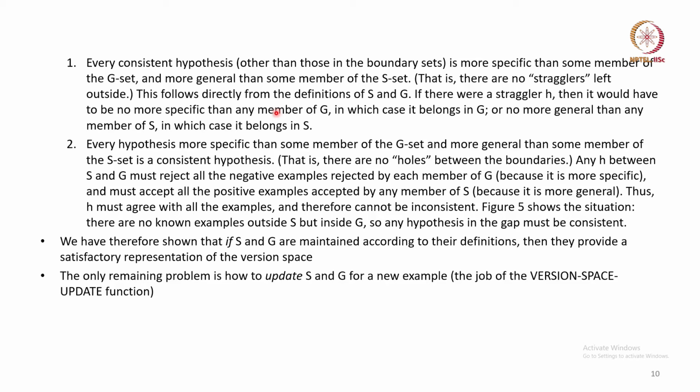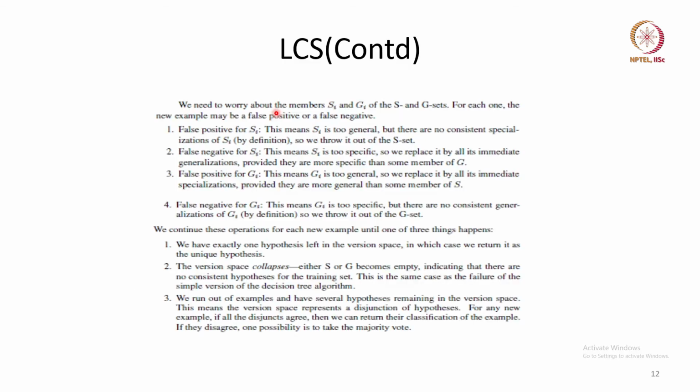So when you get a new example, what is it that you basically do? We need to worry about the members Si and Gi, that is, all the members of S and all the members of G. For each one, you take the new example and each of the Si and check if it is a false positive for Si.